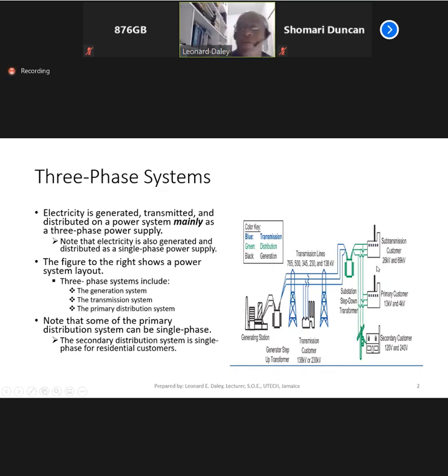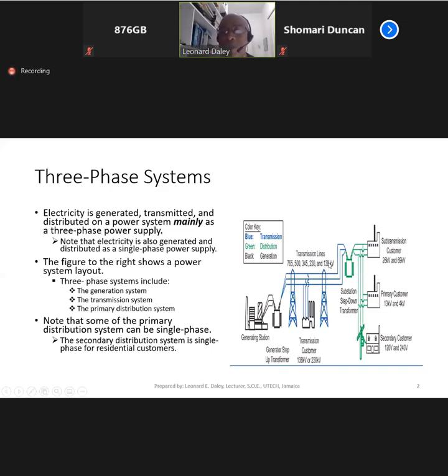In first world countries, where they have very high voltages, they have what they call transmission and subtransmission. But we don't have the transmission voltages except for 138 kV.